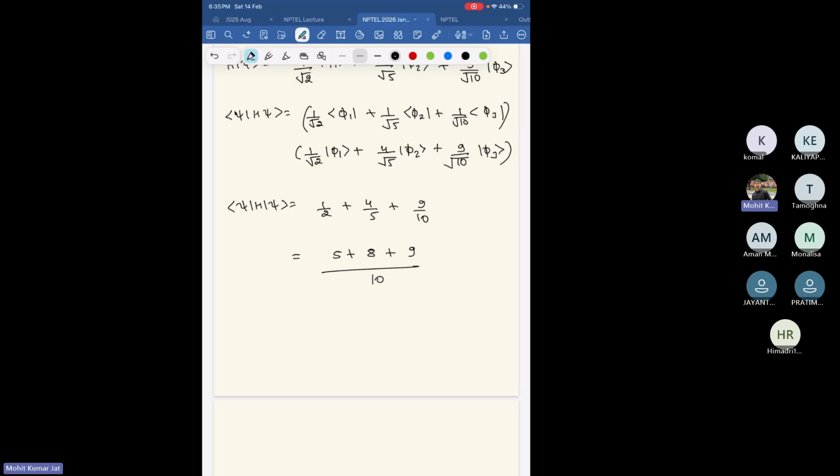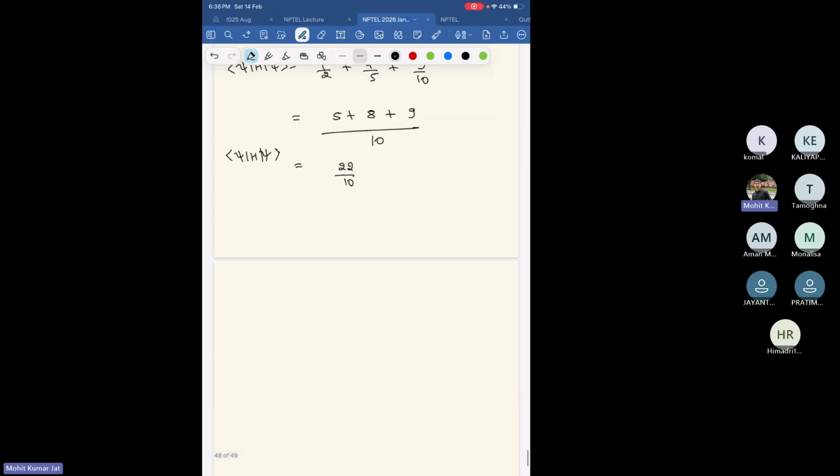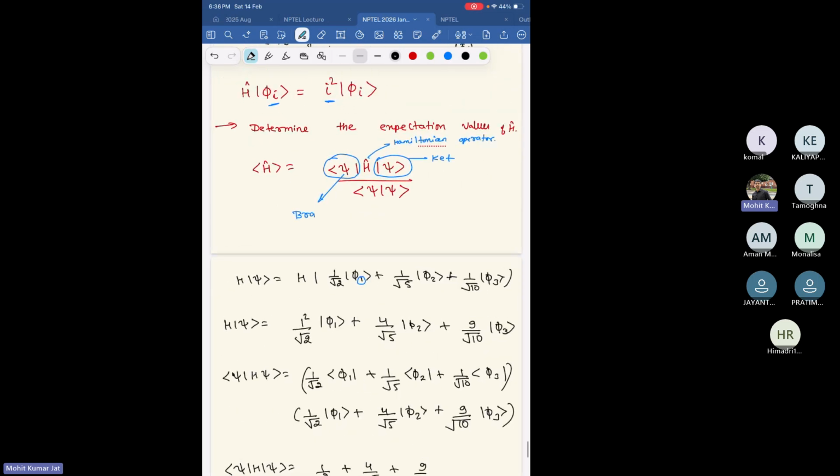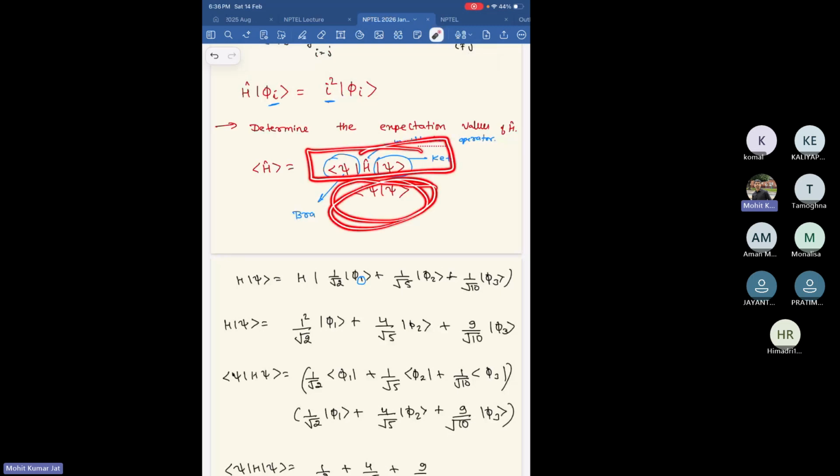It's around 22 by 10 for <psi|H|psi>. So this is if the Hamiltonian operates on the wave function psi. But now we'll have to check the normalization factor also, right? This is only the top part which we calculated here. Now we'll have to calculate the bottom part also to calculate the full expectation value.